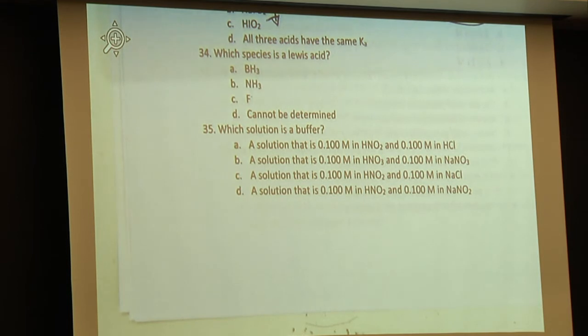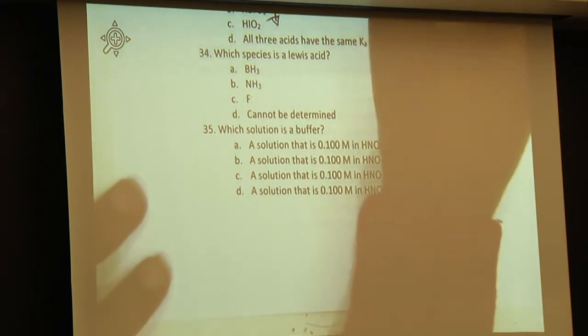I can't hear you. We're talking about Lewis here. We're not talking about Bronsted, and we're not talking about, what was the other person, though? Bronsted-Lowry and Arrhenius. Yeah, we're not talking about those guys. We're talking about Lewis. So Lewis has to do with the empty orbital or electrons.